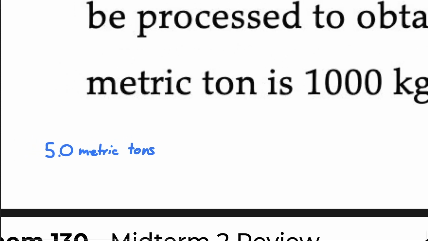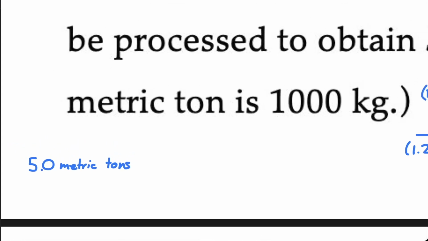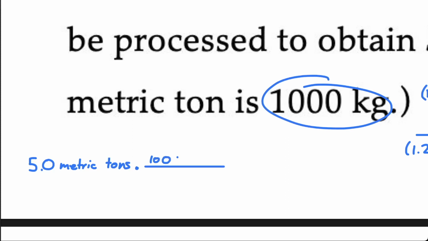This is what we're trying to get to. We multiply this by what? Now we want to turn this into kilograms, so what did they say the conversion factor was? 1,000 kilograms for 1 metric ton. And this gets canceled.